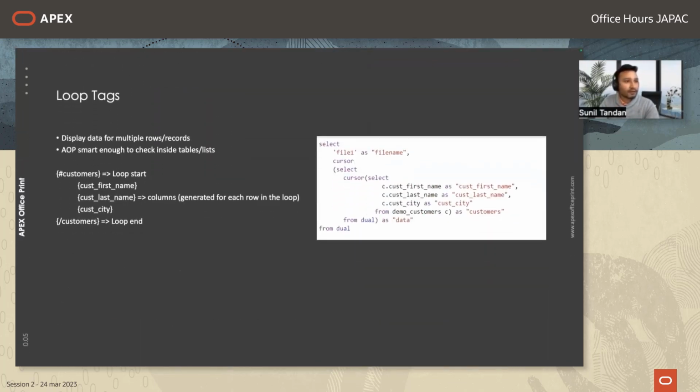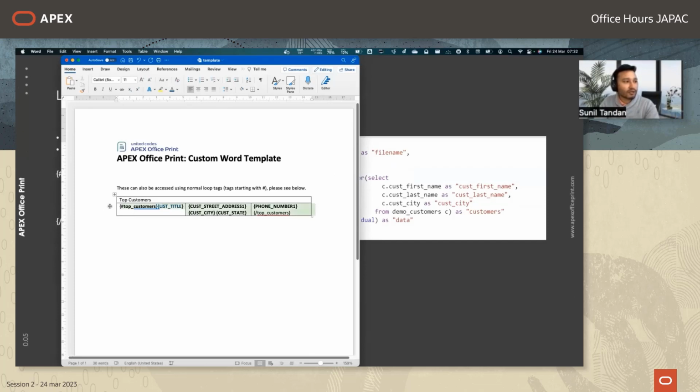The other tag that we saw is the loop tag. We specify here that we want to repeat this row for every top customer.